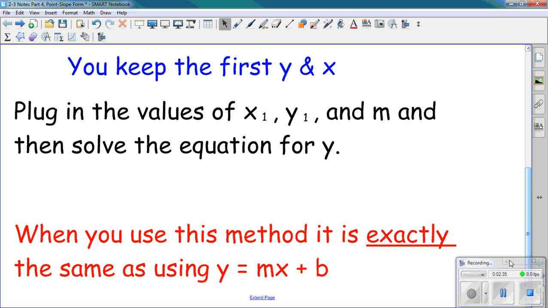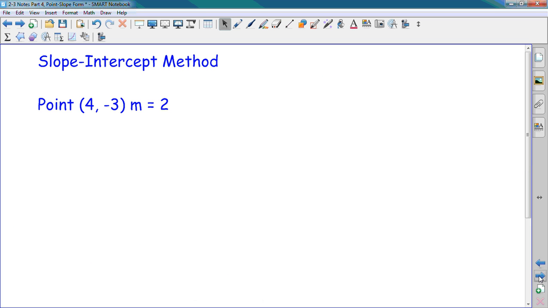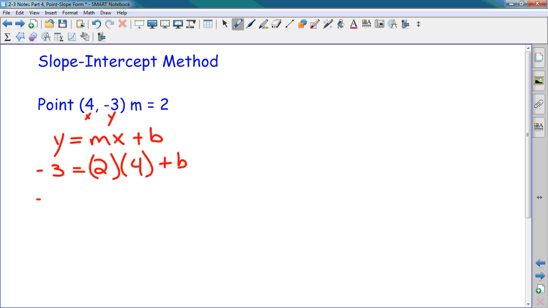Let's review the y-intercept method, just so that we can remember what I'm talking about. When we took the quiz yesterday and you were given a point and slope, you were asked to write down the equation of the line. Plug in your point, circle your point, plug it in. So I have -3 equals 2 times 4 plus b. -3 equals 8 plus b.